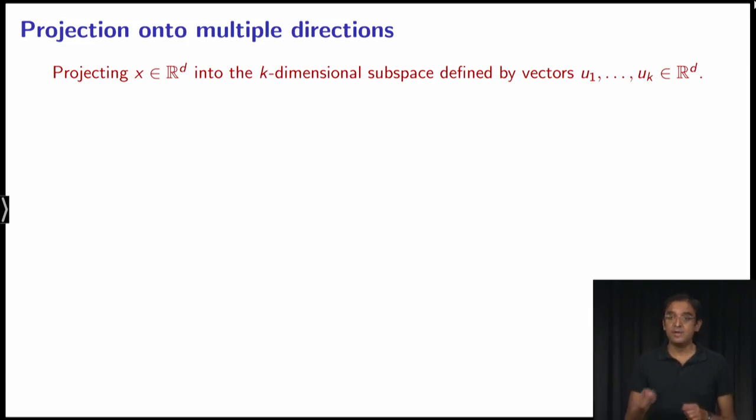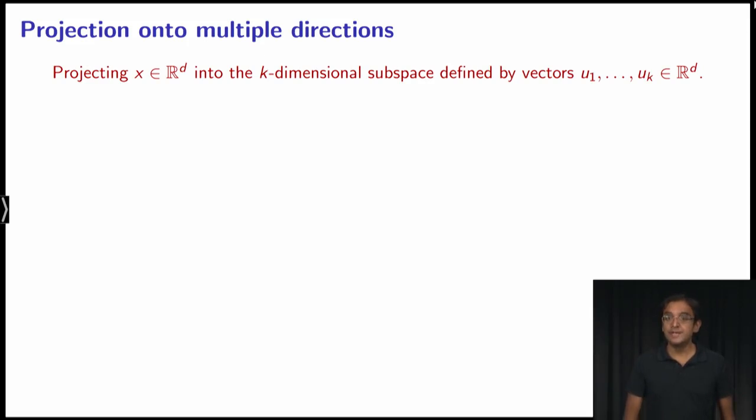No matter how carefully you choose that direction, it's unlikely that just one number is going to capture everything you need from the original high-dimensional data. So we usually need to project onto multiple directions. We need to create a representation that's k-dimensional, where k is something more than one. And so let's see what that means exactly.